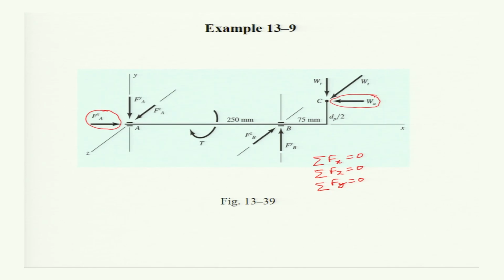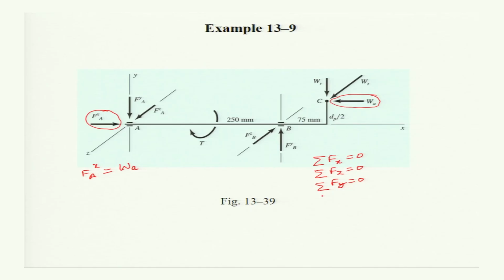Therefore, directly you can say that FAx is equal to Wa. So, one of the unknowns is now known. The number of unknowns is now 1, 2, 3, 4 and 5.